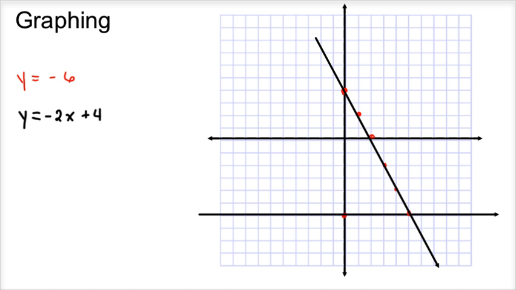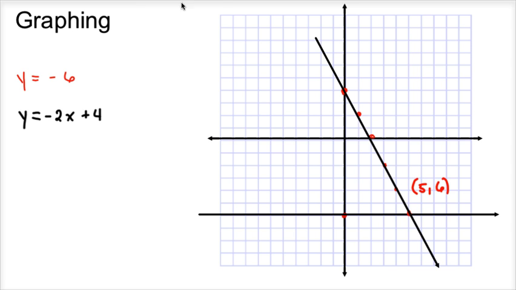Okay, and our point of intersection here is going to be, we count 1, 2, 3, 4, 5. So we got 5, comma, and then we're going down 1, 2, 3, 4, 5, 6, 5, comma, negative 6, and there is our point of intersection. All right, great. So those are two examples of graphing.